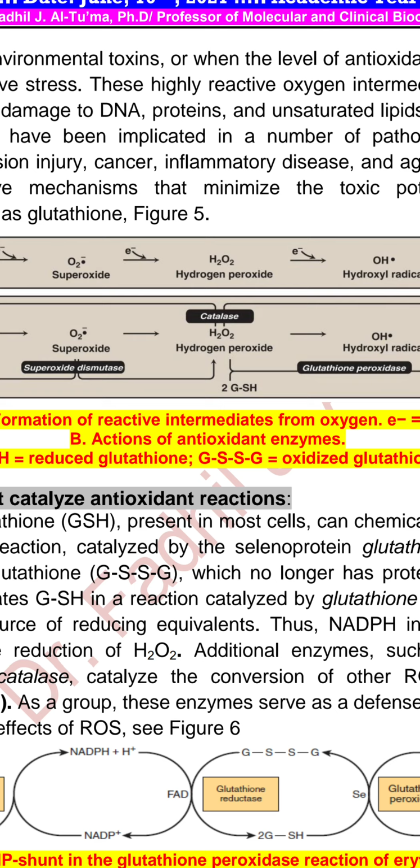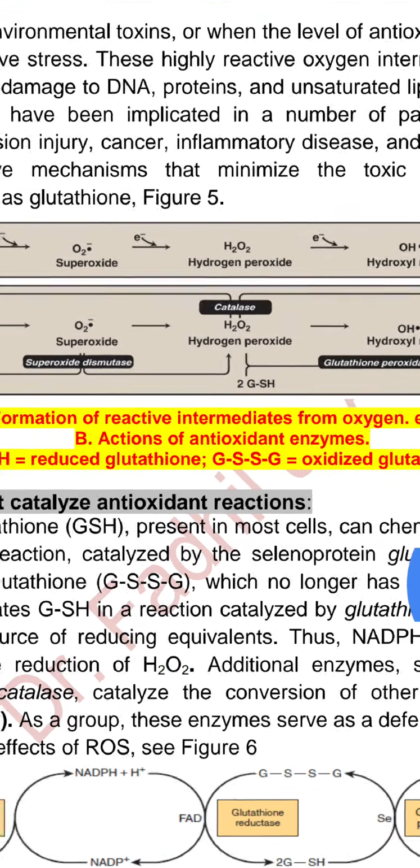Then, to prevent the generation, or when these species are produced, the antioxidant acts to scavenge، يعني يصطاد، يعني يزيل تأثيرها, to scavenge the effect of these reactive species of oxygen or nitrogen product.